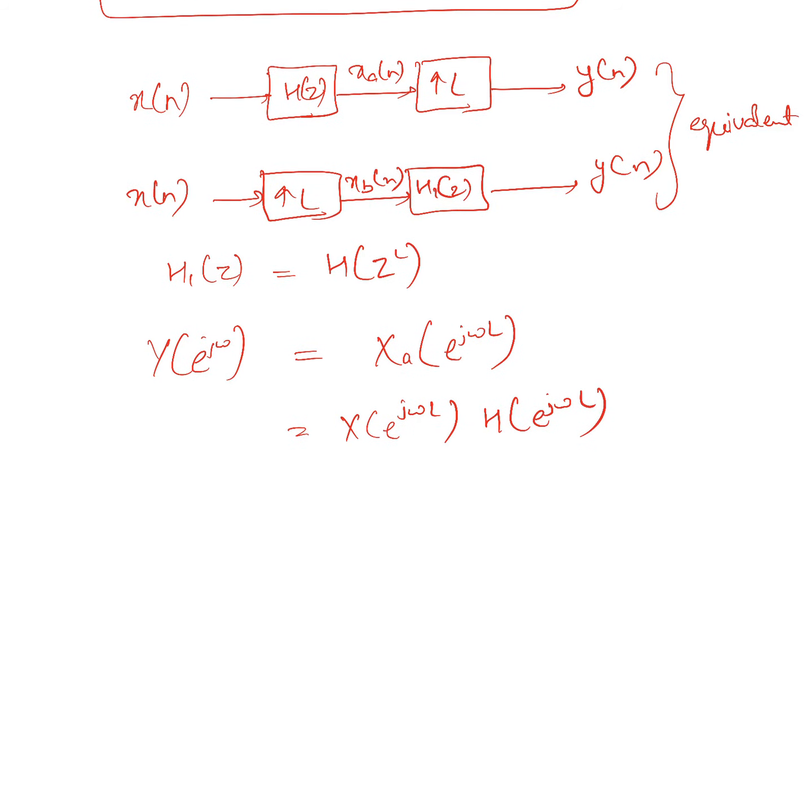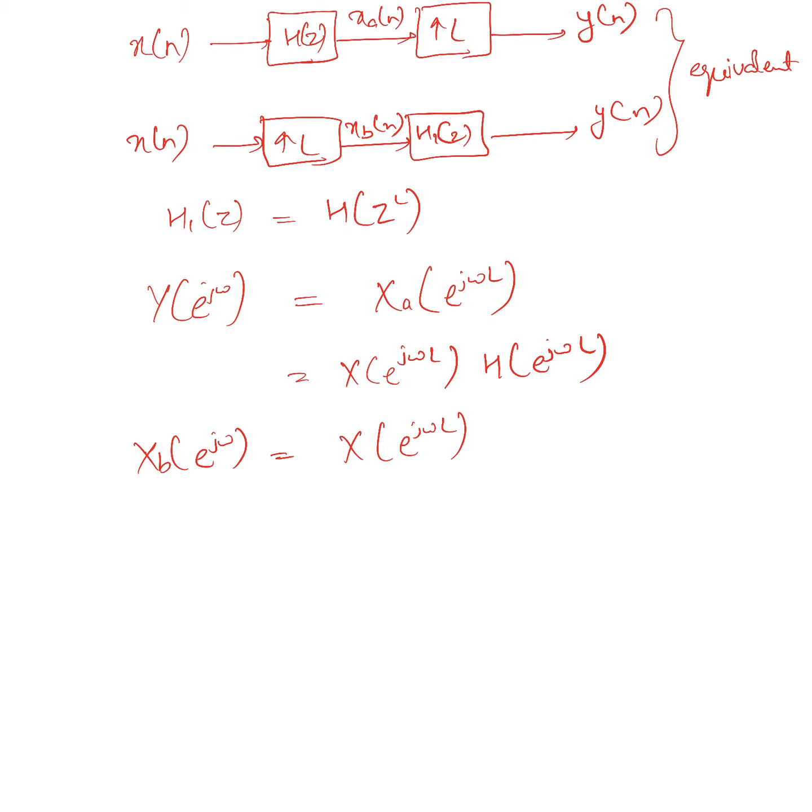Okay, now let's see the first block of the second block diagram. What is the output of this block? It is xb of e to the power j omega equal to x of e to the power j omega L. So I can substitute this expression in the above equation and we get y of e to the power j omega is equal to xb of e to the power j omega and h of e to the power j omega L, right?